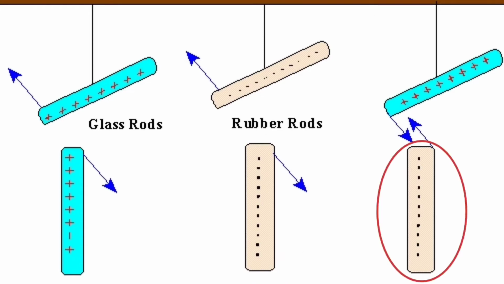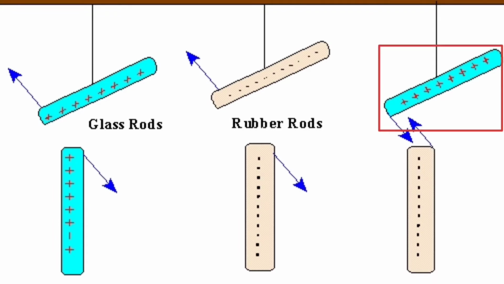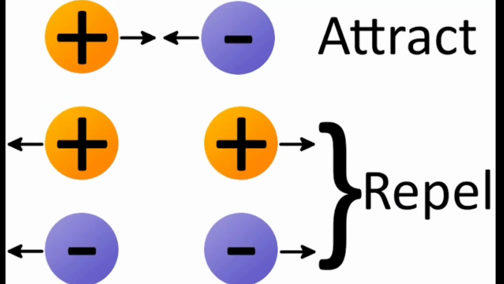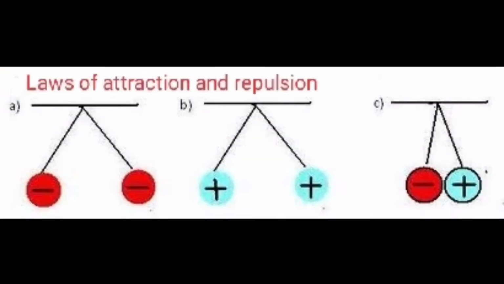Now I brought a negatively charged rubber rod nearer to the positively charged glass rod suspended with silk cloth. I observed that the positively charged glass rod moves towards the negatively charged rubber rod. So we can say that unlike charges attract and like charges repel each other. This law is called the law of attraction and repulsion.